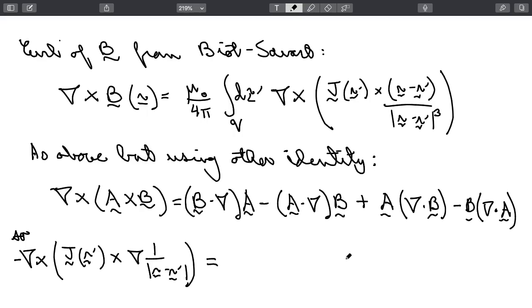Then I have this term here. So what is this term? I've got the A, which is this one here, maybe with a minus sign. So the first contribution is just j as a vector of r', dotted into this operator, all of this applied onto B, which was the gradient of this thing.